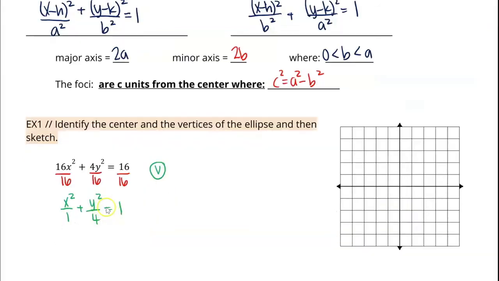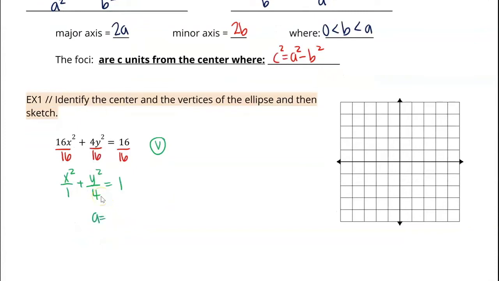The a value is going to be 2 because that is equal to 2 squared. The b value is going to be 1 because there's 1 squared underneath the x squared. And then we can plot some points from here. So we just said the center is at 0, 0. So I'm going to start there. And because this is a vertical ellipse, I'm going to go up and down 2 units.